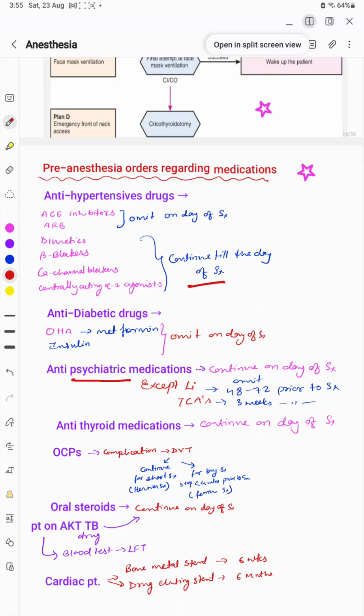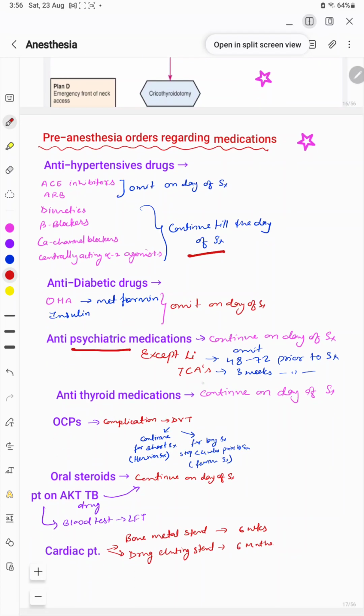Lithium we will omit 48 to 72 hours prior to surgery, and TCA, tricyclic antidepressants, we will omit 3 weeks prior to the surgery.